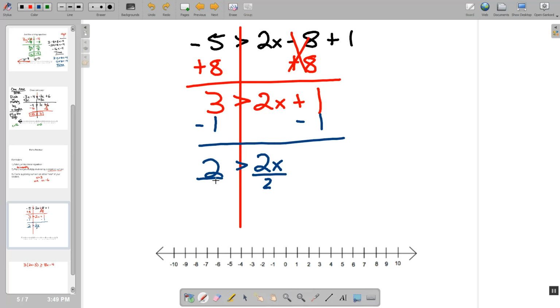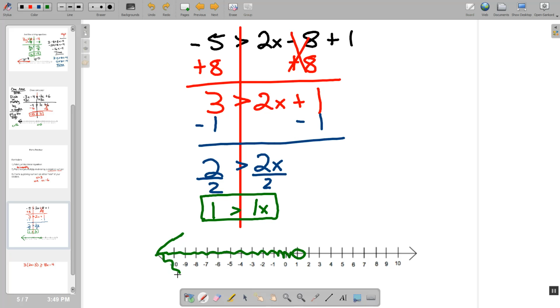I divide everything by 2, and I got my answer of 1 is greater than x. To shade, I want to make sure I shade smaller numbers than 1, because x is smaller than the number. And there is an open circle in this problem, and so I am going to shade to the left.